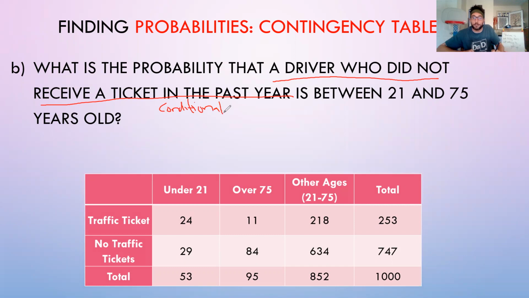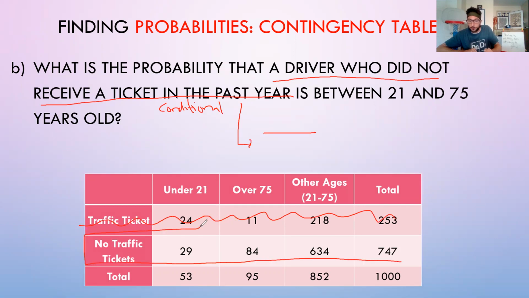We're given some information, some condition that has to be met. It has to be true that the driver did not receive a ticket in the past year. So we don't care about any of these people who got a ticket. We only care about all these drivers who did not get a ticket in the past year.